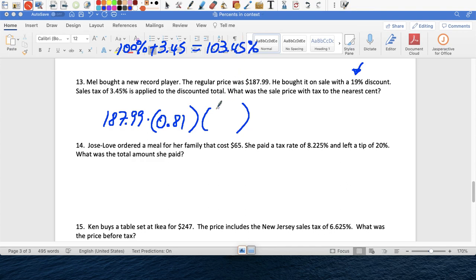You change that to a decimal, you get 1.0345. So multiply all three numbers, times 0.81 times 1.0345. You get $157.52.